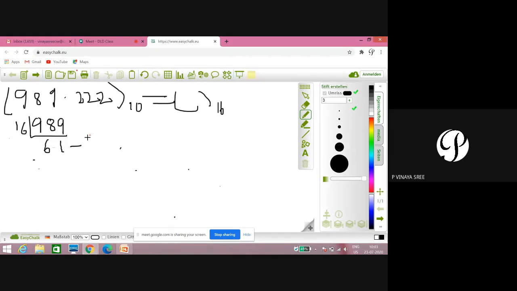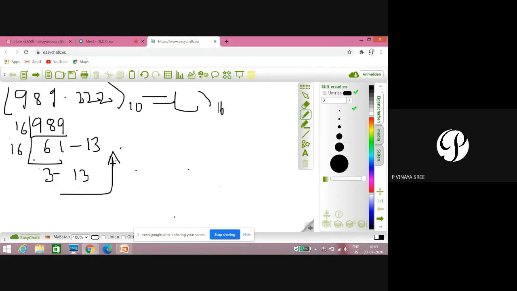The remainder is 13. Next, dividing by 16 gives 3 with remainder 13. So you have to take the values from bottom to top.